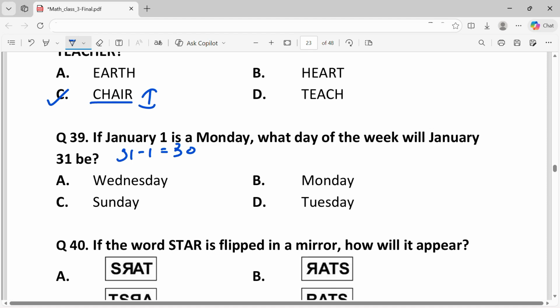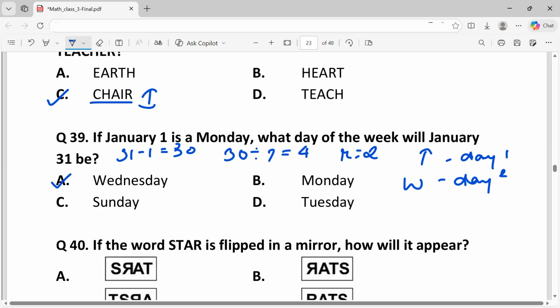Now, how many full weeks are there in 30 days? Will be 30 divided by number of days in a week, that is 7, which is equal to 4, with a remainder of 2. So the remainder of 2 means that January 31 is 2 days after Monday, and counting 2 days after Monday is Tuesday as day 1 and Wednesday as day 2. So the answer is A, Wednesday.